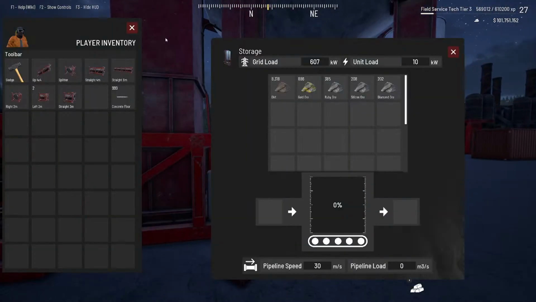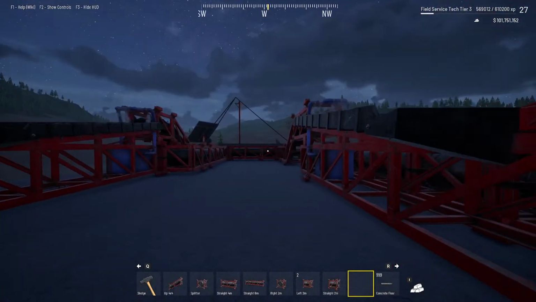And this side, left side, ends up being 8318, 886, 385, 208, 202. So interesting. It's a lot of variability.